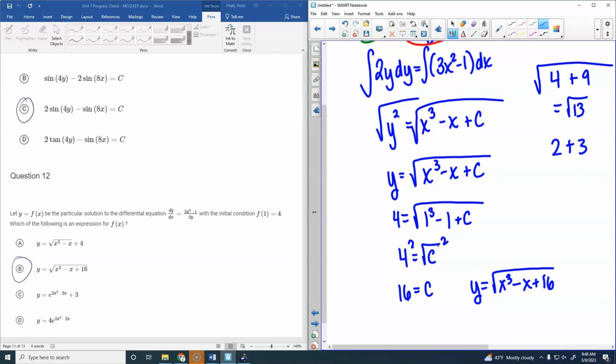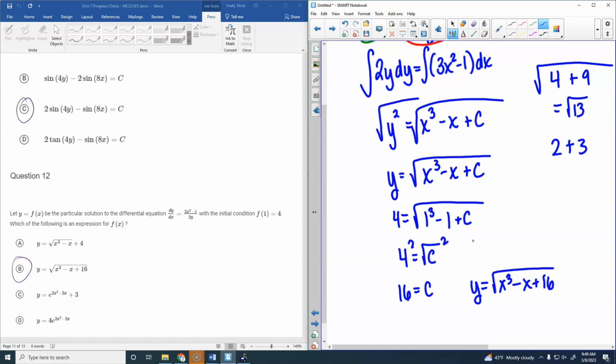Does that make sense? In your initial part where you're solving the equation, whatever you do to C just kind of gets absorbed for the most part. But once you plug in your initial condition, that's not true anymore. Treat C as a variable, because C is what you're solving for at that point.